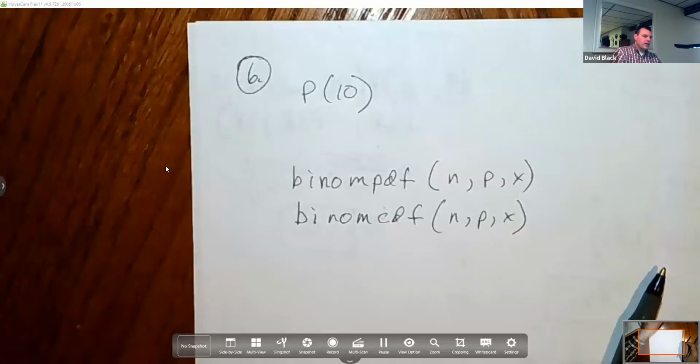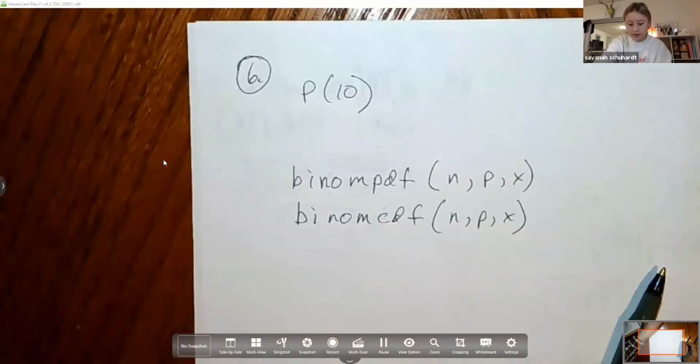Heidi, Savannah, or Kaylee? Would it be a PDF? Okay, Savannah, it is PDF. You are right. Now tell the class how you determine in your head which one it is. Because with a PDF, you're looking for an exact number. And in this case, we're looking for exactly 10 people. Good. And then what does CDF do?